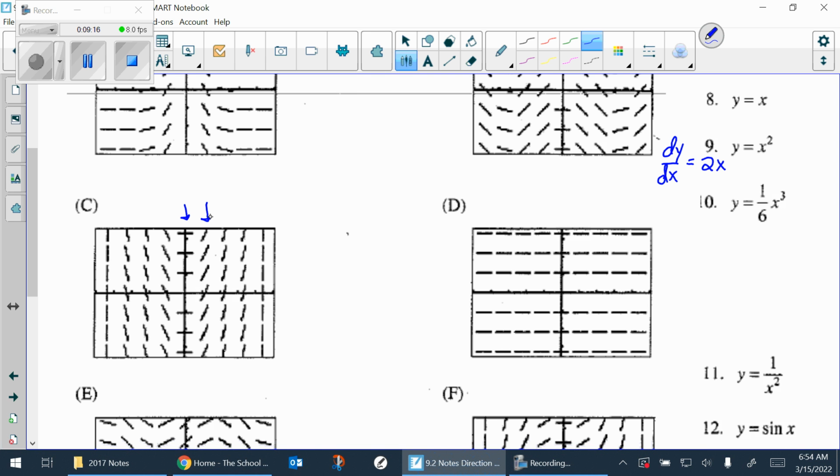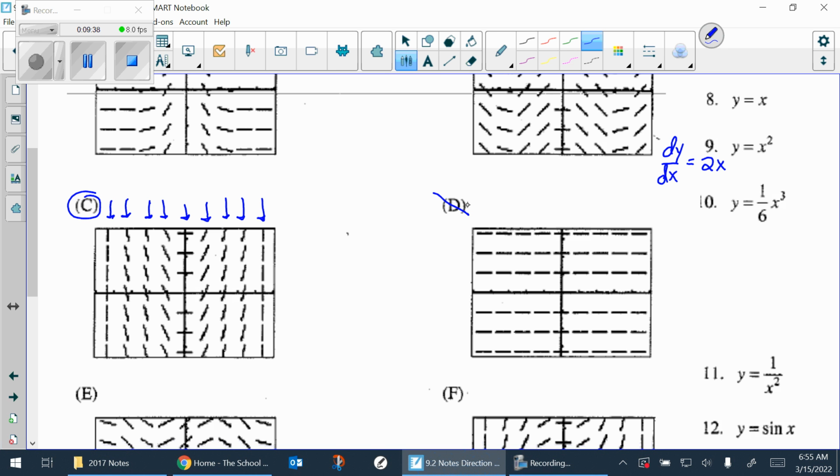X is 1, slope is 2. X is 2, more positive, really positive. Almost getting vertical. If x were to be negative 1, the slope would be negative 2, negative 4, negative 6, negative 8, almost vertical. Well, I'm thinking C is pretty darn good.